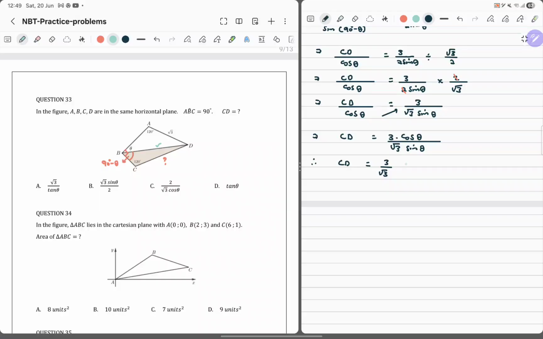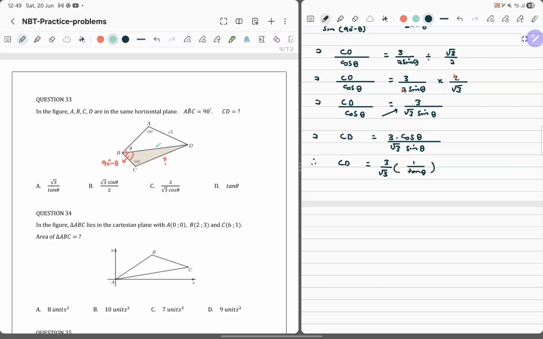Anyway, let's see. So this is multiplied by 1 over tan theta. What is cooking? Oh yeah, they rationalized.